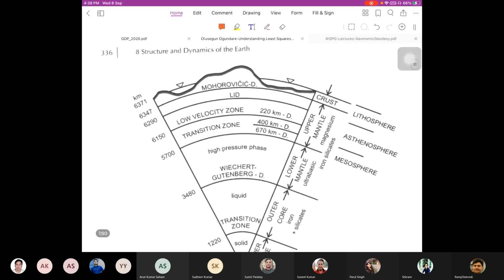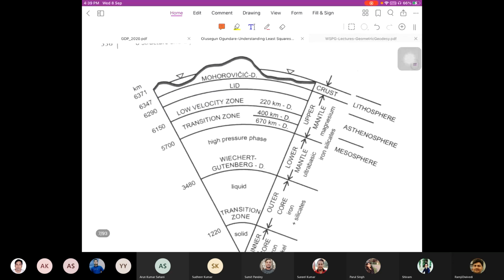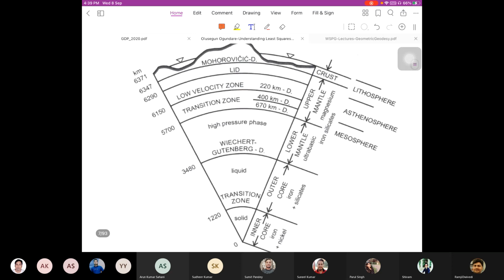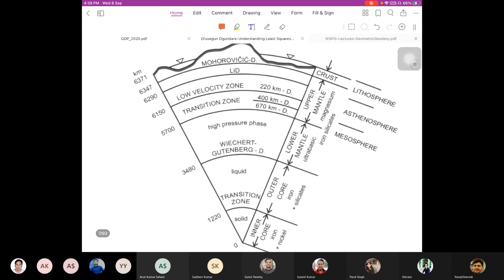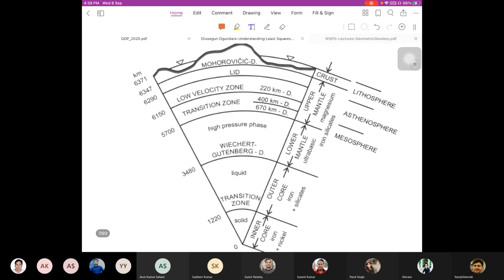This figure explains the categorization of the different zonation: the crust, upper mantle, lower mantle, outer core, inner core, and you could see scientifically how they vary in nature.